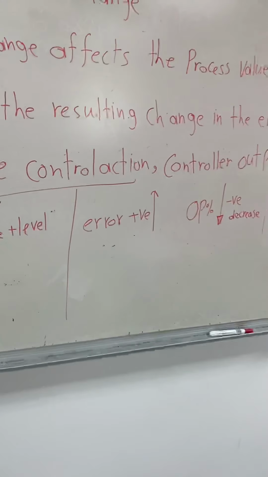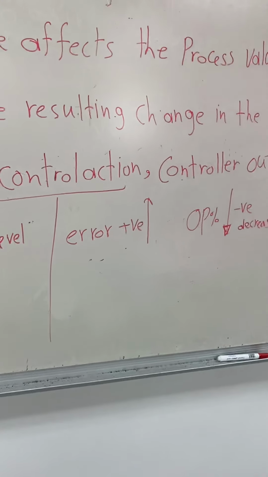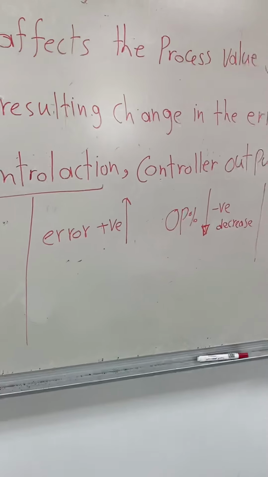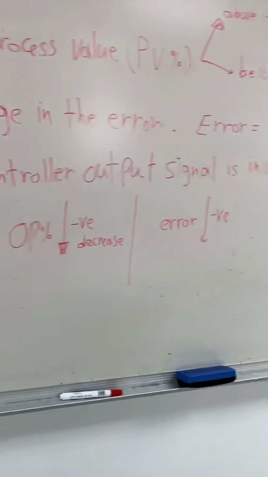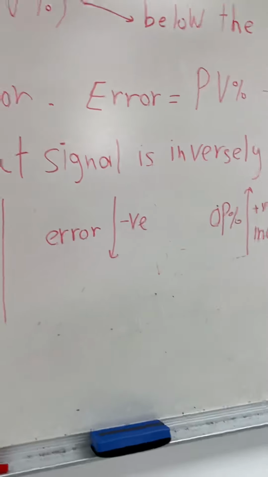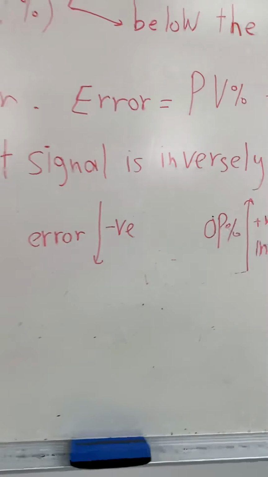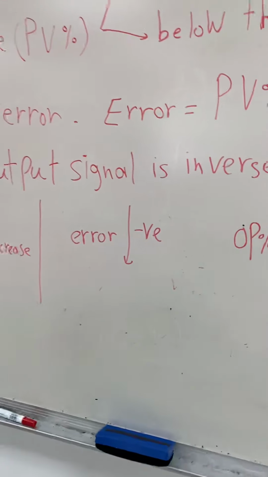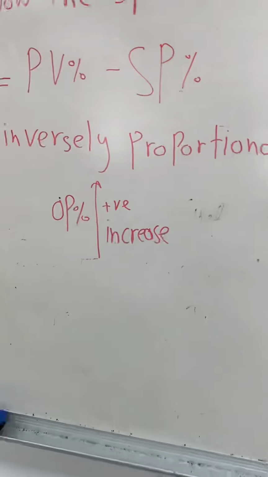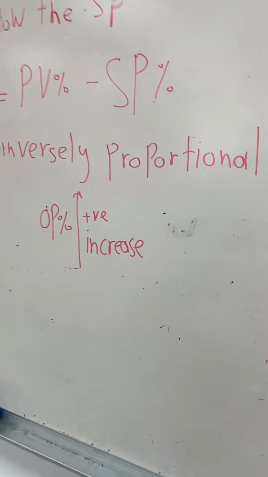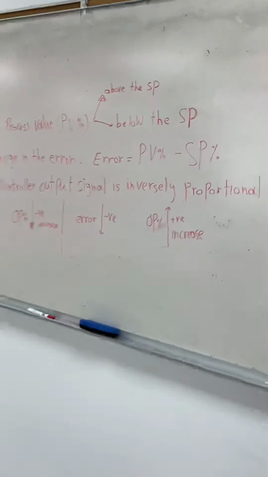If the error becomes positive, meaning that the process value is increasing above the set point, you will notice that the output signal will start to decrease, and vice versa, guys. So if the error becomes negative, meaning that the process value started to drop below the set point, you will notice that the controller output signal starts to increase.